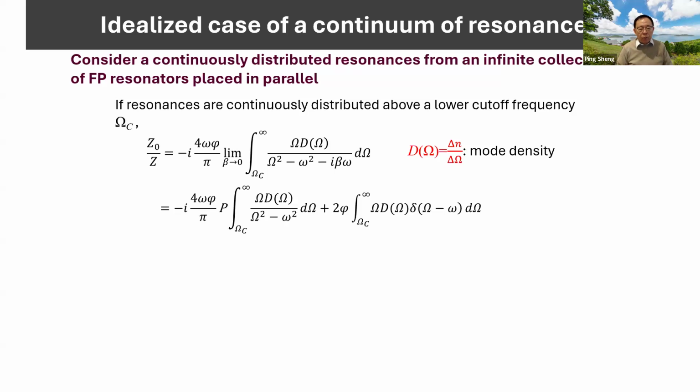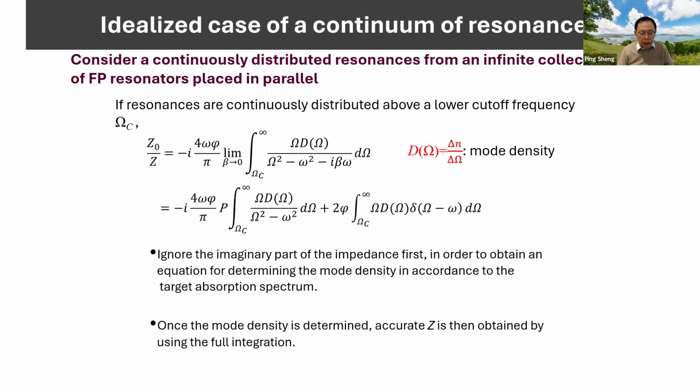And here it becomes real because of the i in front. So we can temporarily ignore the first part because it is an undulating function, and we just focus on the second term in order to derive the mode density, which is what we want.